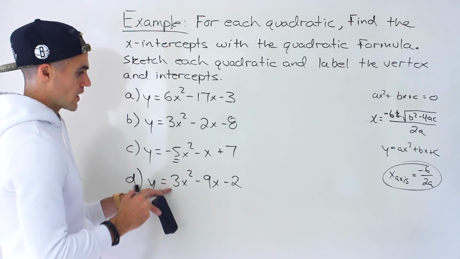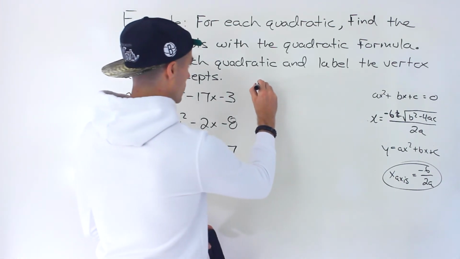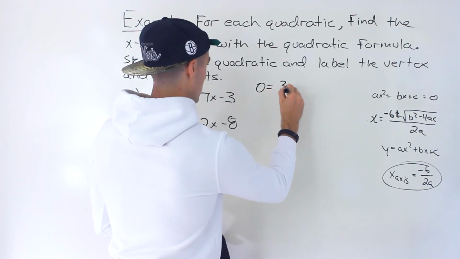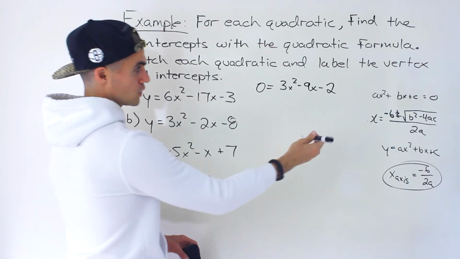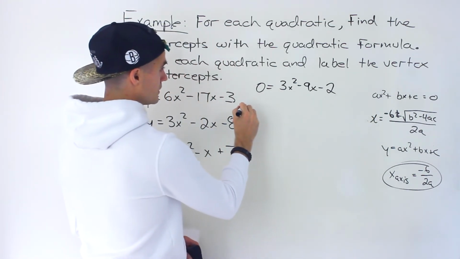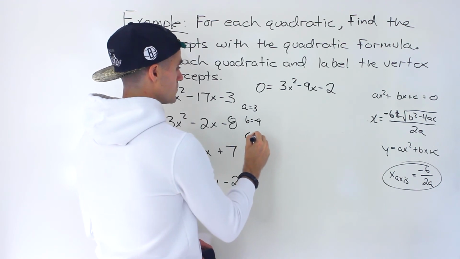So we have this quadratic, finding the x-intercepts. What do we do? Plug in 0 for y. And so notice we now have a quadratic equation like that. The a value is 3, b value is negative 9, the c value would be negative 2.